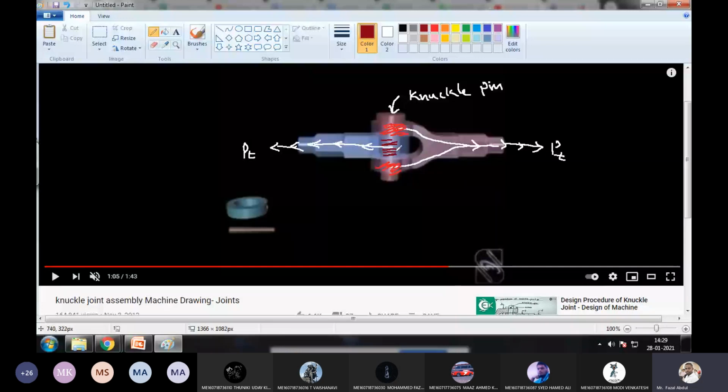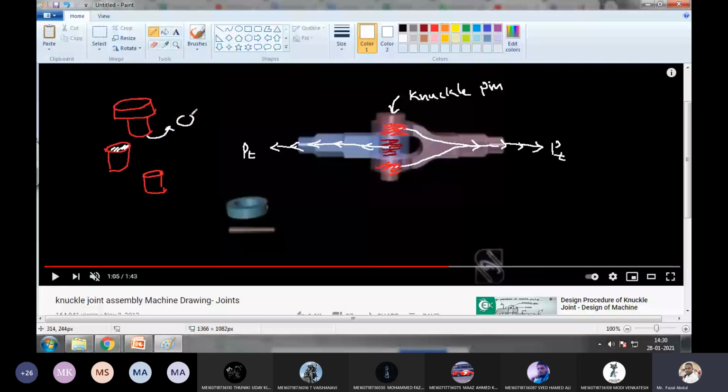Okay, so how it looks like, I'm drawing here. So here the shear failure you can find, here at the bottom we can find the shear failure, and here one at the top.